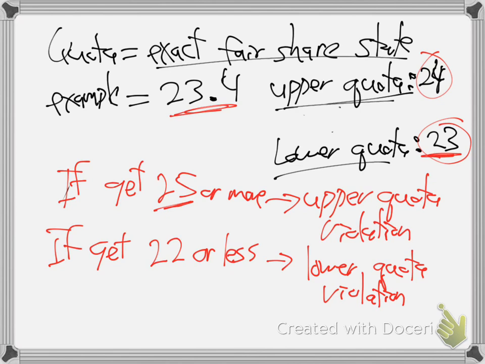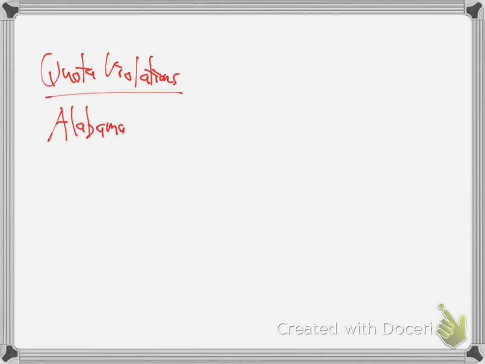I'm going to go to a fresh screen and give you the summary of the story. So here's the quota violations, and here's the Alabama paradox, and the population, and the new states.